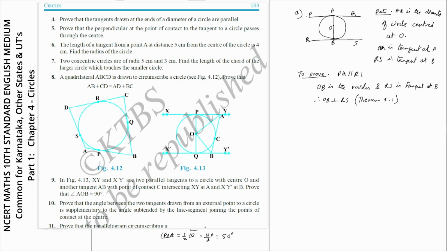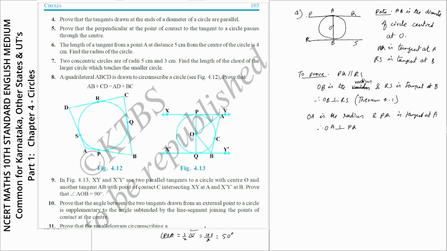Now similarly OA is the radius and PQ is the tangent at A. Therefore, OA is perpendicular to PQ.